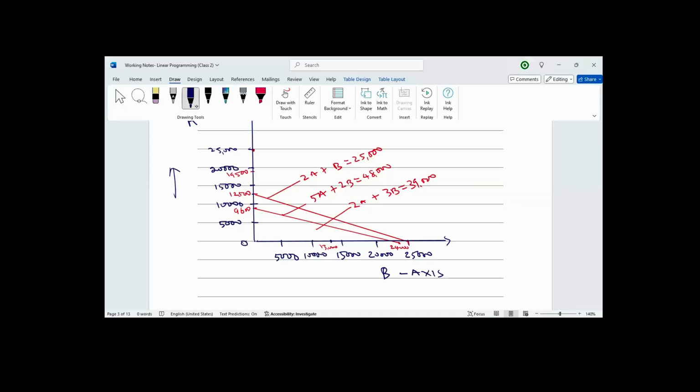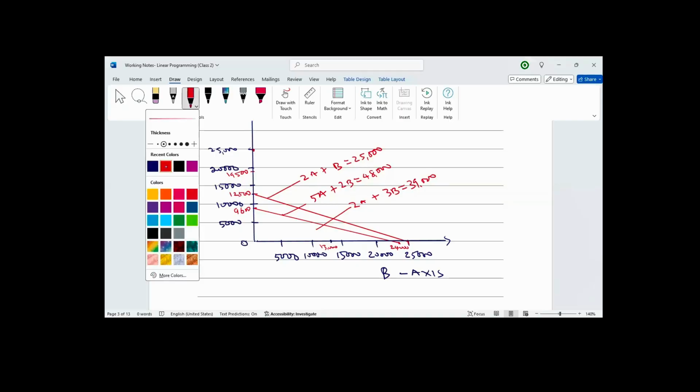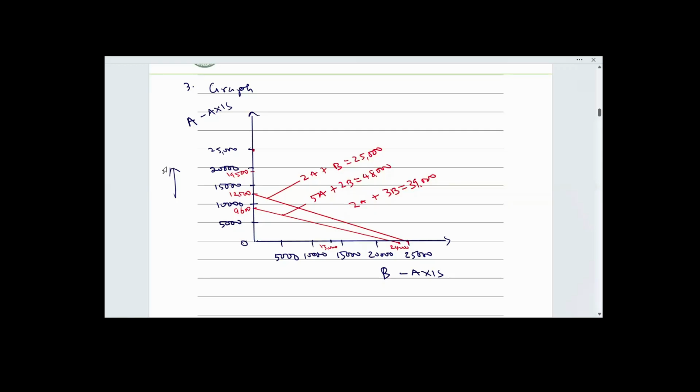Let me change the color to red. The third equation as well. It's okay. So here is, oh, it doesn't show now. Yes. Be careful.